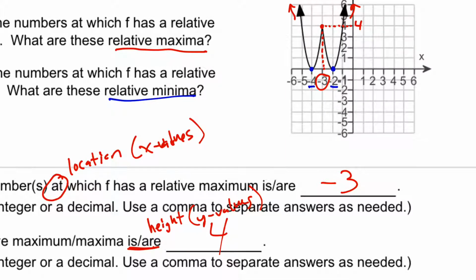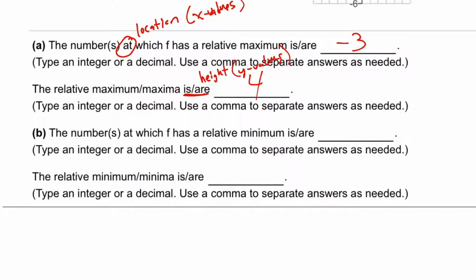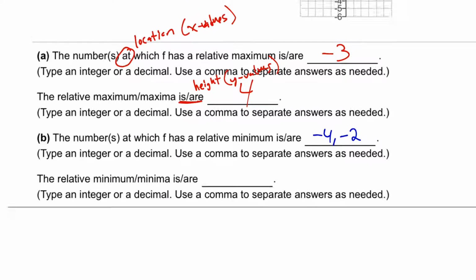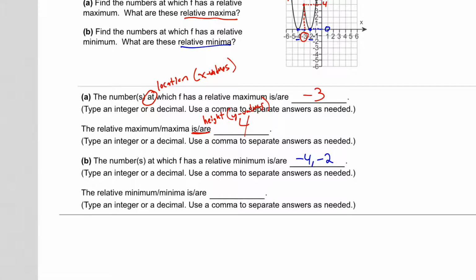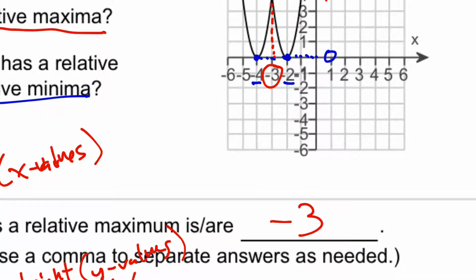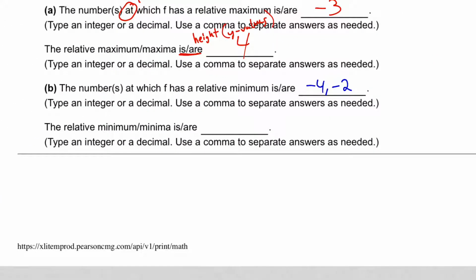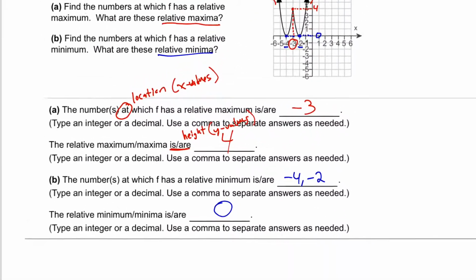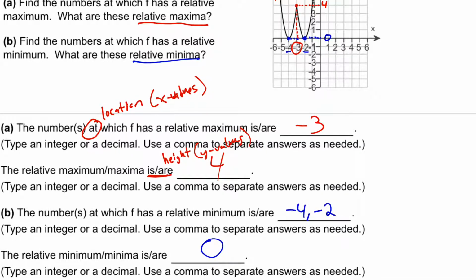Those are the locations, as you can see, both are at the value of 0. So the locations we need to put first. So that's -4 and -2. And then the actual value or the height of that minimum is 0. It's on the x-axis, so that would be 0. Okay, so that's taking a look at that relative maximum and minimum.